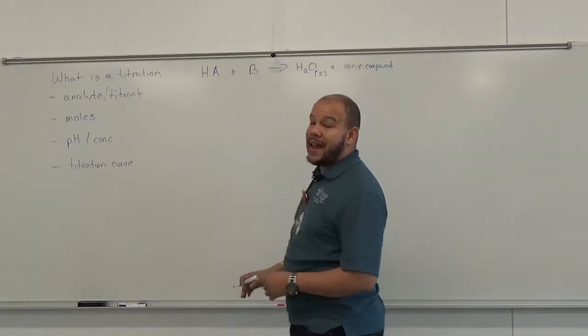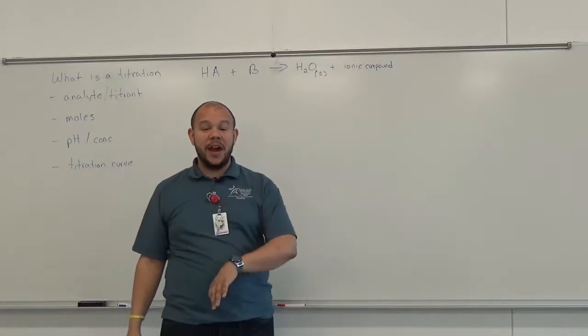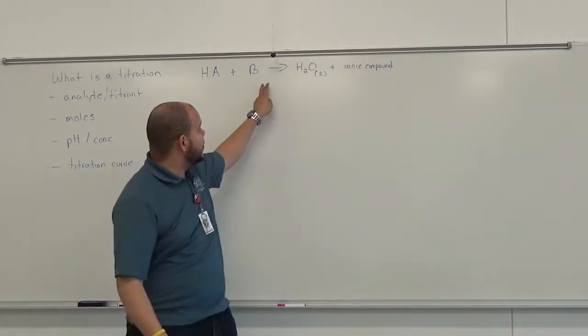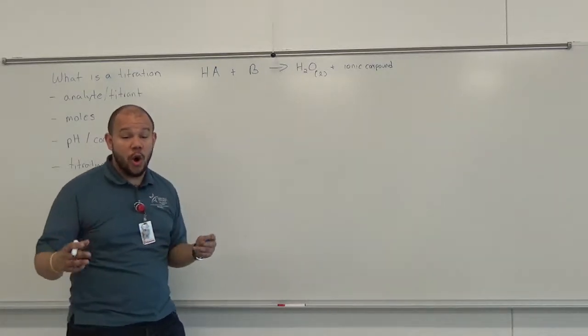Generally speaking, that ionic compound is the conjugate acid and conjugate base of both your acid and your base interacting with one another, because normally they're going to be charged species.